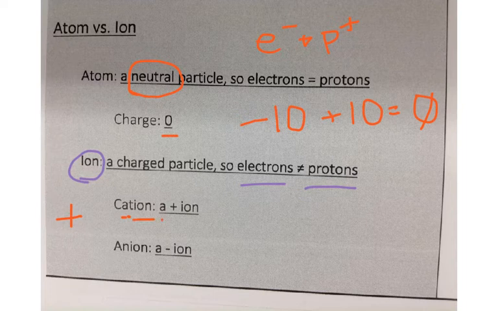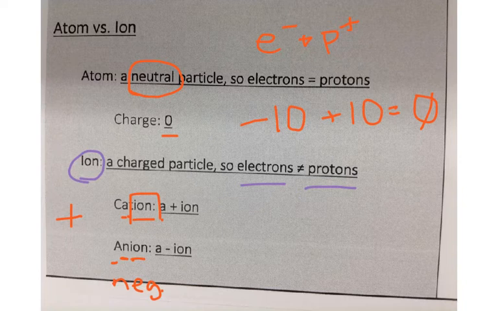An anion is "an", and instead of an N, think of the word negative. So it's a negative ion. When you break those words down, you have a cation and an anion. Both words have ion, and both mean that they have either a positive or negative charge. So the word ion means that it has a positive or negative charge.